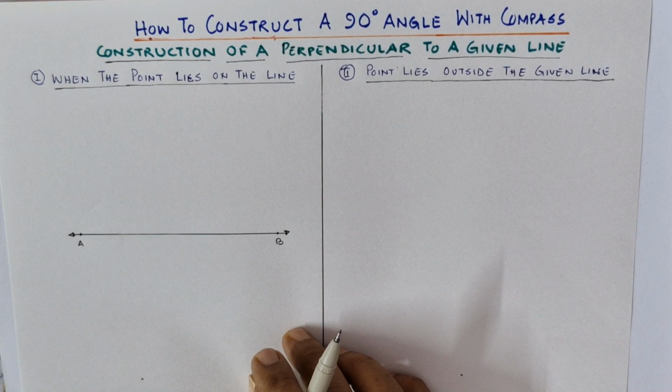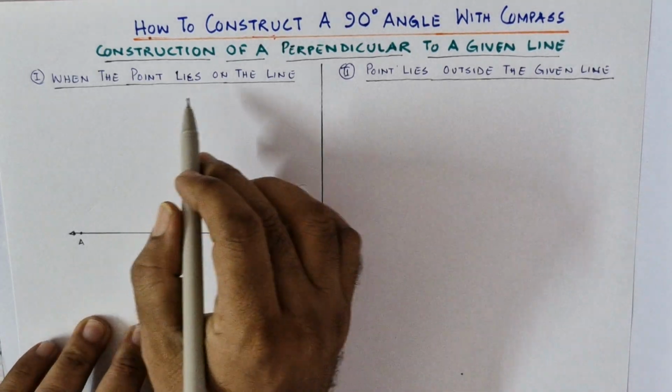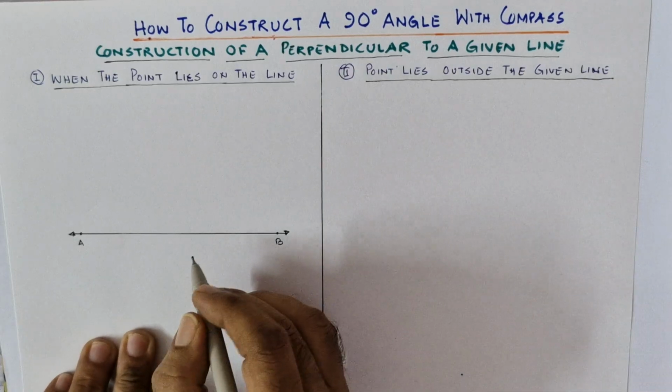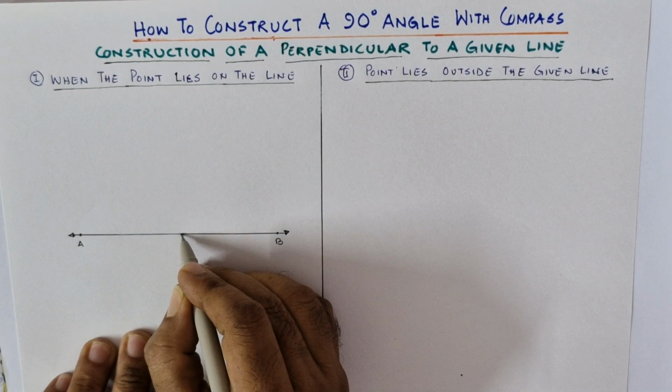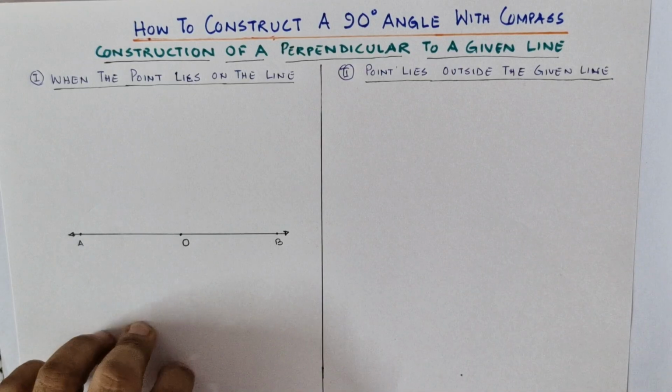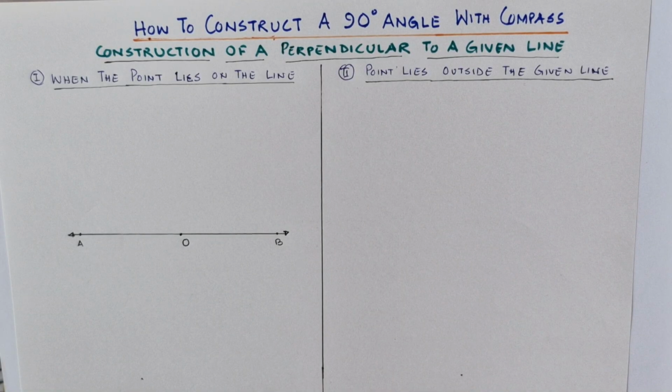Now let's see what you need to do step by step. When the point lies on the given line, we'll take a point here and we'll name it as O. Got it?